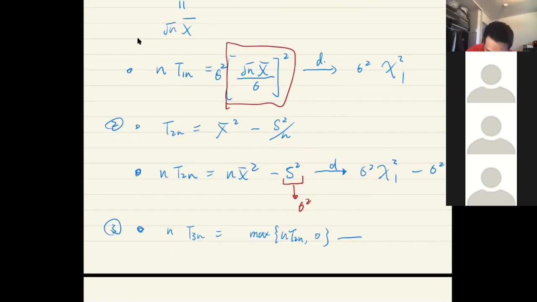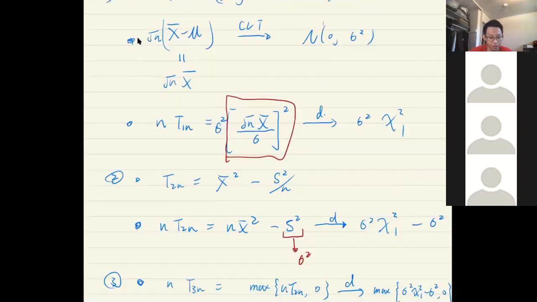So this will converge in distribution to the maximum of sigma square chi square 1 minus sigma square, and 0.